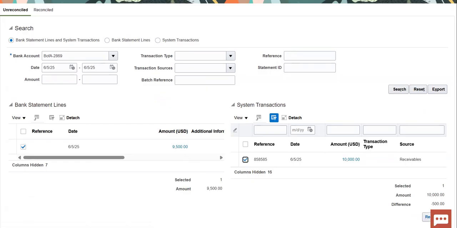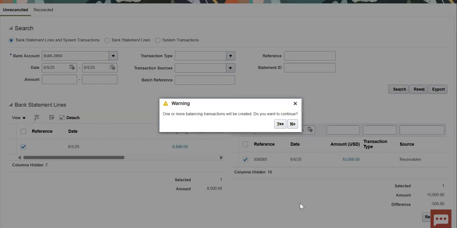So there's a difference of 500. It says one balancing transaction will be created. That means cash management is going to create an external transaction of 500 USD because there is an account difference. So I say yes.